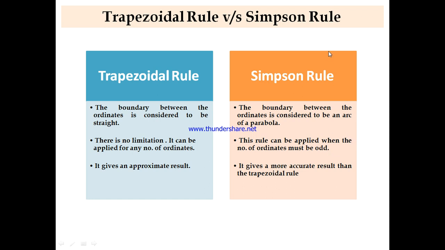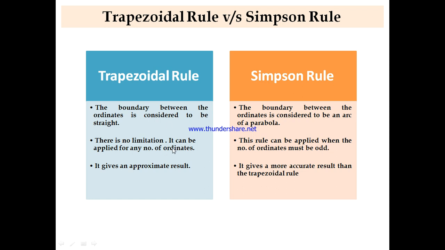Also, Simpson rule can be applied only when the number of ordinates is odd. This is the limitation of the Simpson rule. We can only apply this if the number of ordinates is odd, and for odd ordinates it will give a more accurate value.